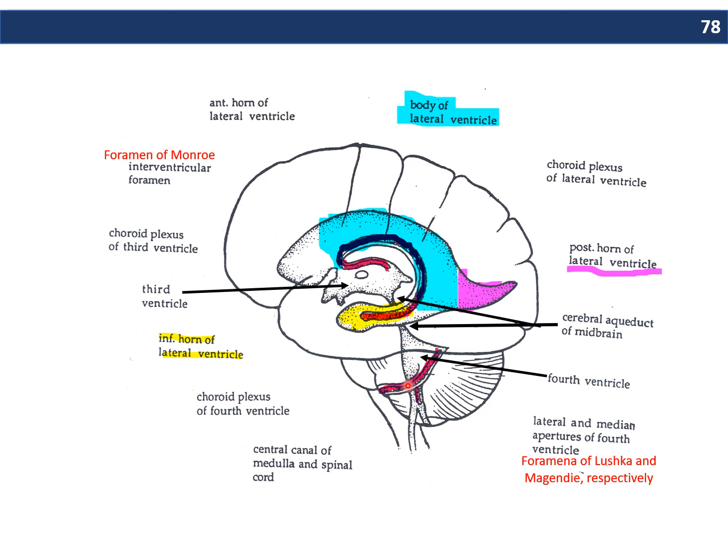The foramen of Luschka is two of them. So each of them are lateral apertures. And then the median aperture is the foramen of Magendie, which is shown here, and then the central canal is here.